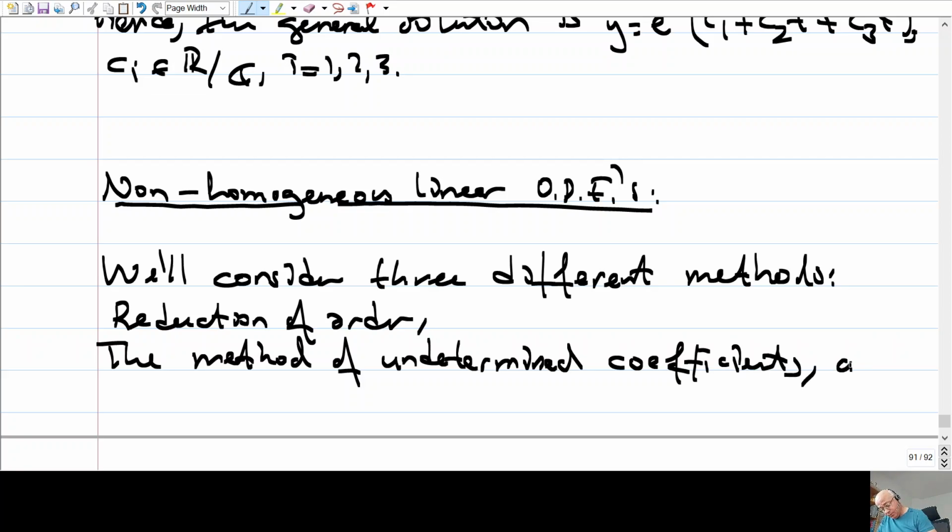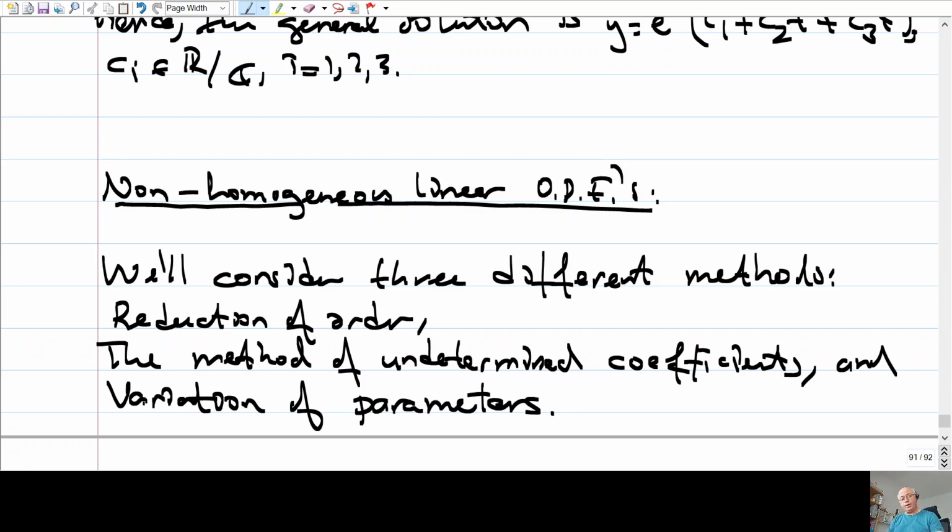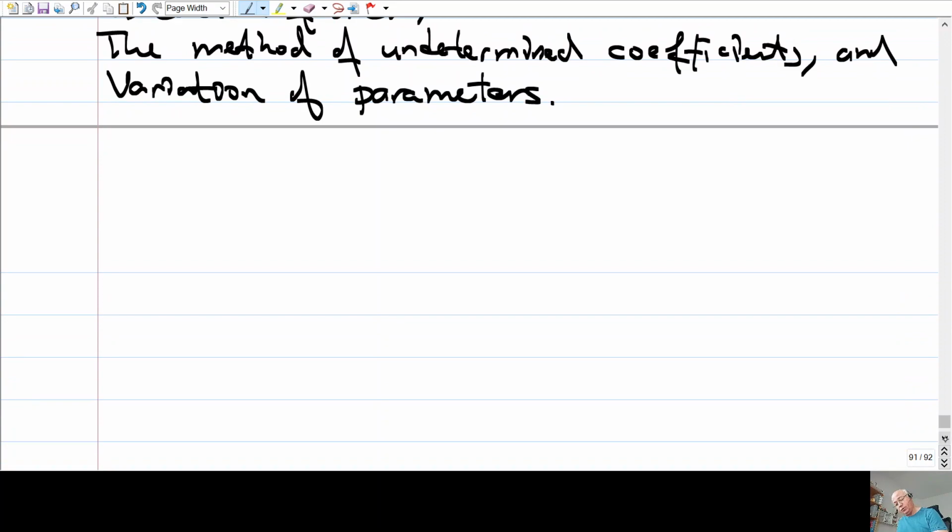And variation of parameters. We have already seen variation of parameters, so it will be just that method applied to this setting. The other two, reduction of order and undetermined coefficients, are new methods.